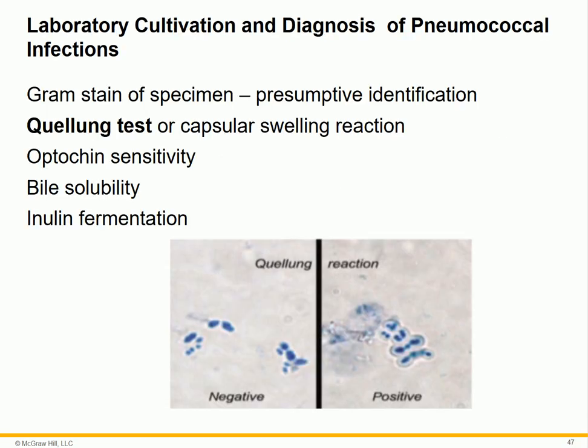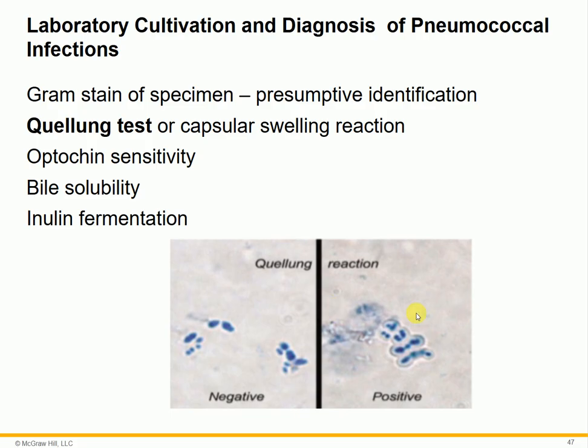So how do we diagnose pneumococcal infections? They have a capsule, okay, and that is what we are going to try to look for in order to identify them. We do a test called a quellung test. It is a test that checks for the visibility of the capsule, where the capsule swells up a little bit.